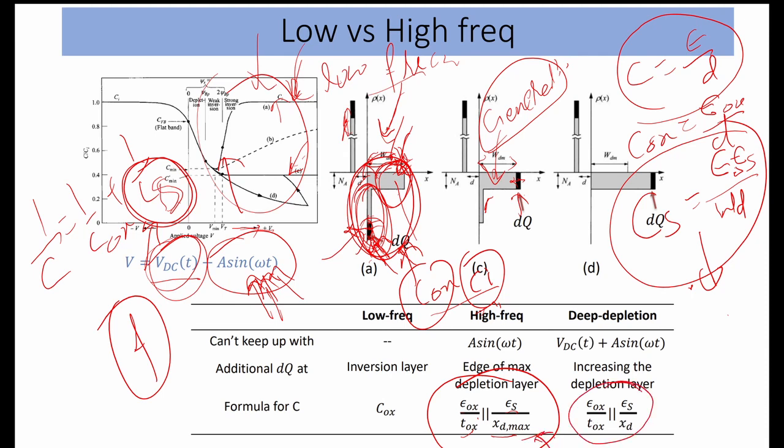We can say XD max, because the charges are uncovered at the maximum of the depletion region width, at the edge of the depletion region width.